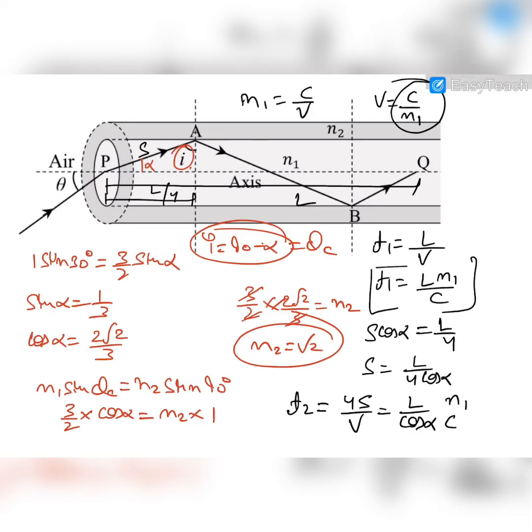Okay, and the value of cos alpha. Obviously, cos alpha is sine theta C, because alpha plus theta C is equal to 90.